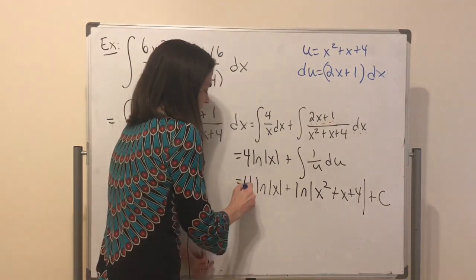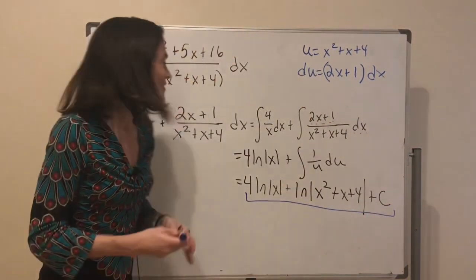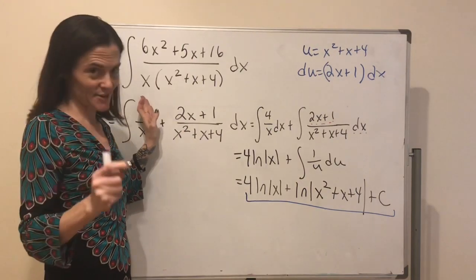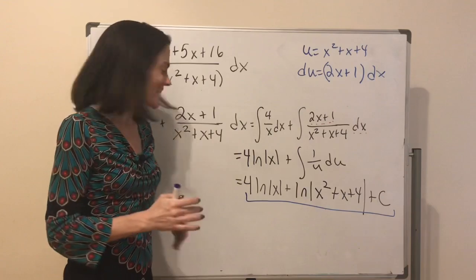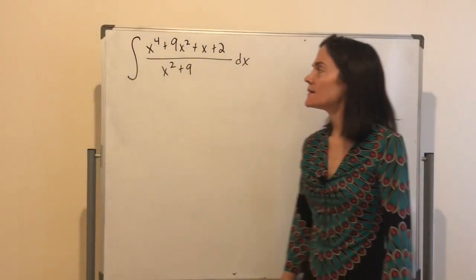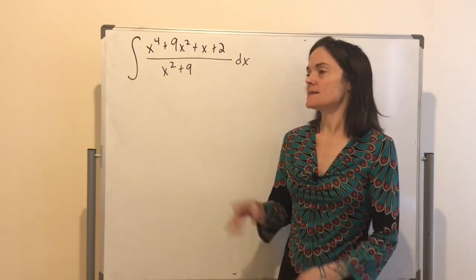So here is this indefinite integral where we had one distinct linear term and one distinct irreducible quadratic in the partial fractions. This one is a little different. Well, in fact, it's only one term.